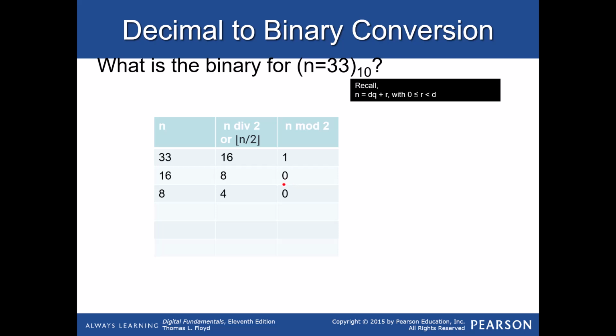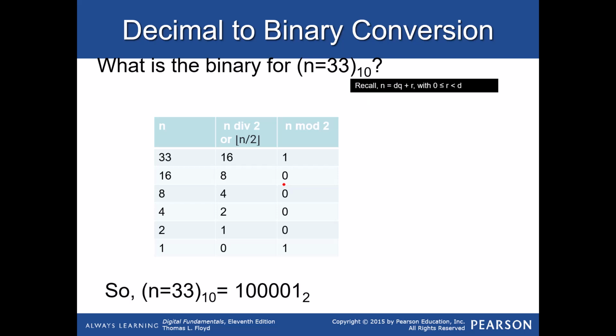We carry this operation on, we keep doing it until we get to the 1. When the result is 1 and here we have 0, then we stop. And then this will be our final result. So the number will be 1, 0, 0, 0, 0, 1. Okay, so we just found out how to find the equivalent of 33 in binary.